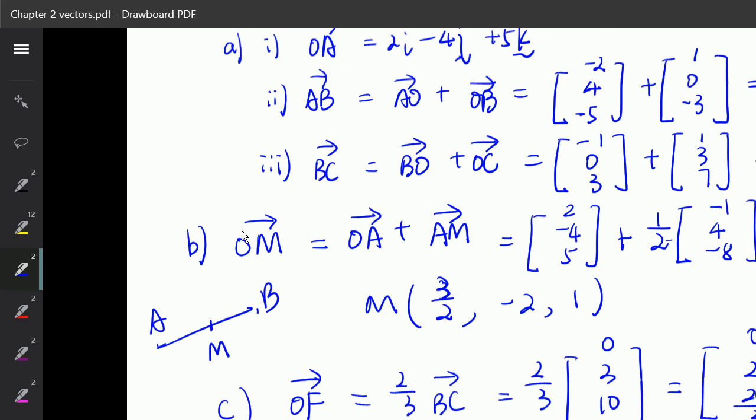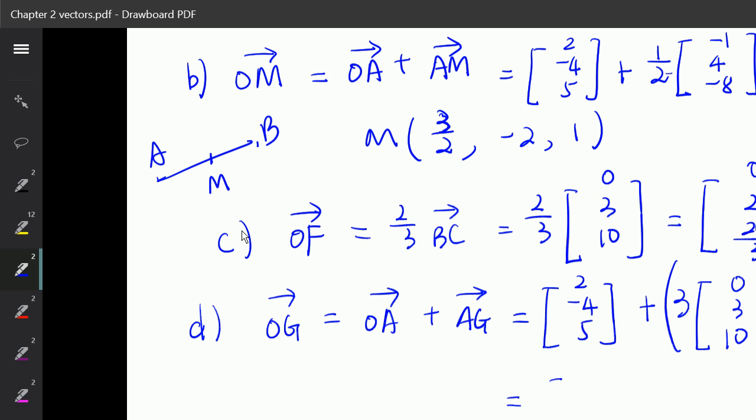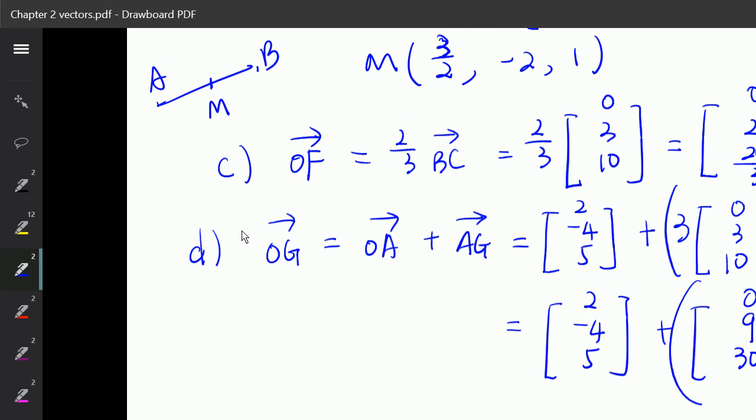Okay, we have that. Plus 2, minus 4, and 5, plus 0, 9, and 30, minus negative 1, 4, and negative 8 in the bracket. So we have 2, minus 4, and 5, plus 1, 5, and 38.